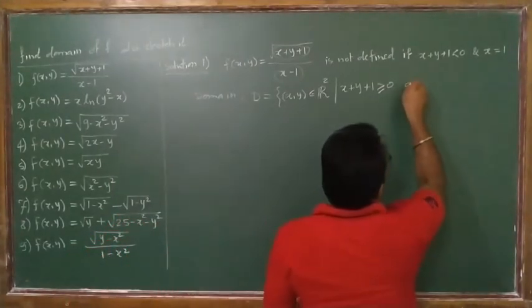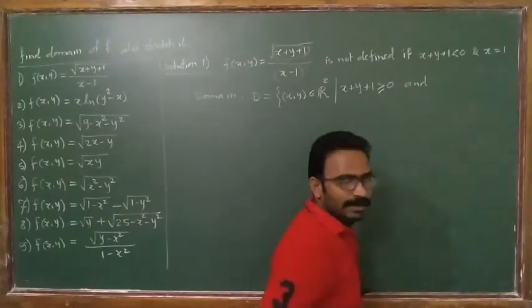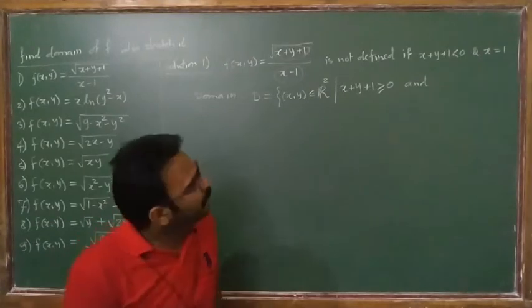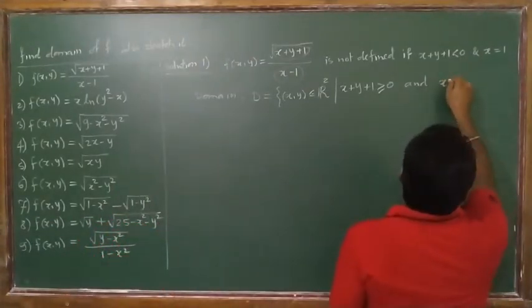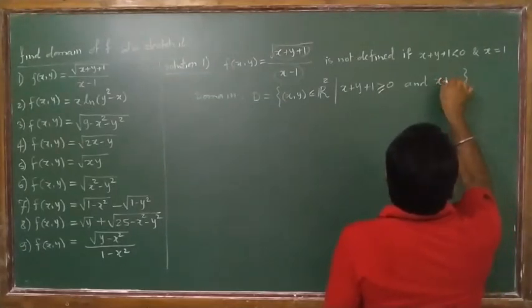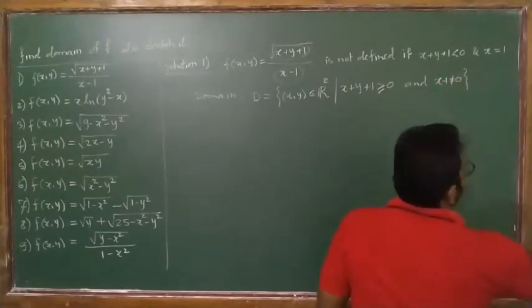And the second thing is what? x equal to 1 should not be the case. That means x should not be equal to 1, or x minus 1 should not be 0.